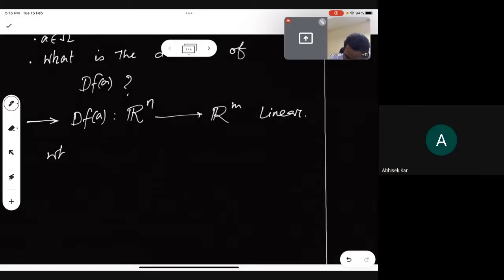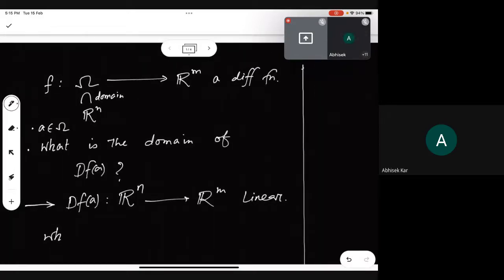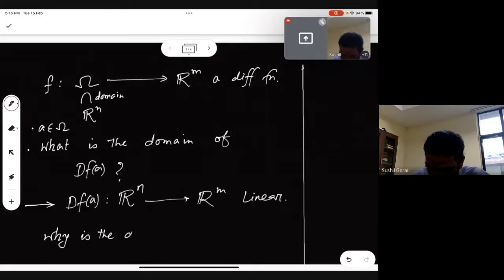Sir, could you scroll up? Yeah. Any question? So why is the domain of df at A Rn?